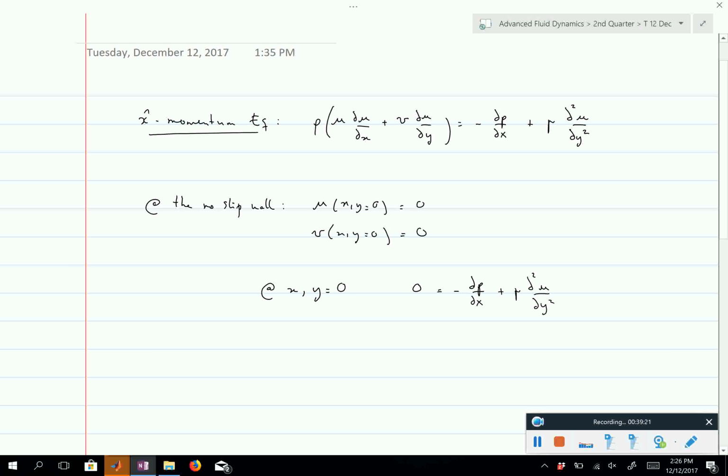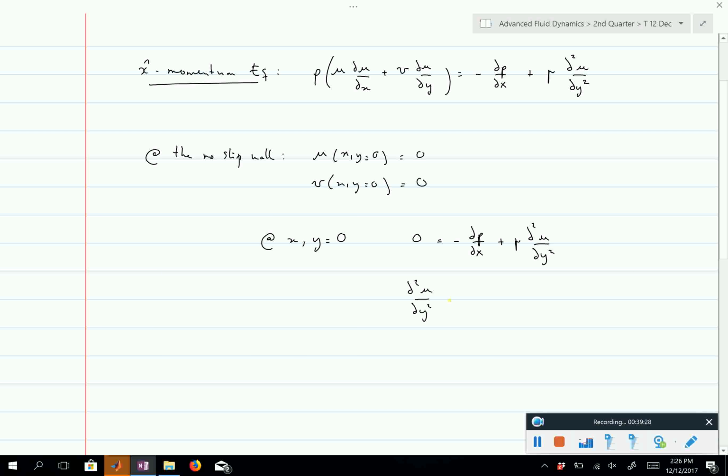If we rewrite that, we get information about the curvature of the velocity profile. We get that the second partial of u with respect to y is equal to 1 over mu times partial p over partial x.